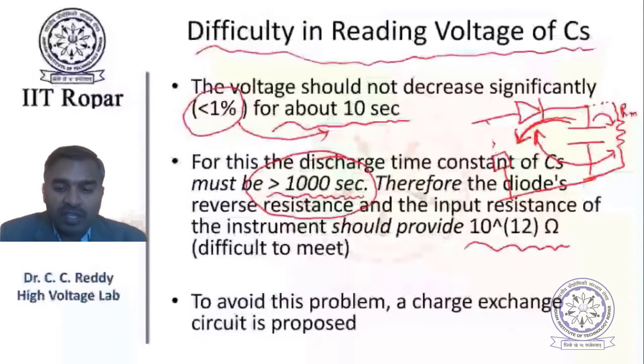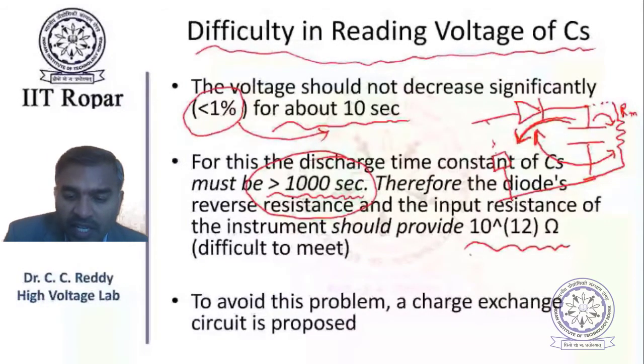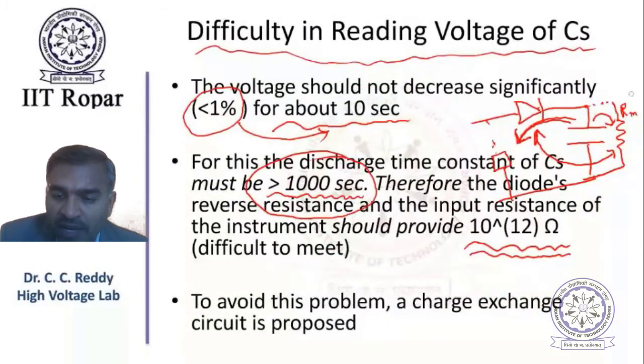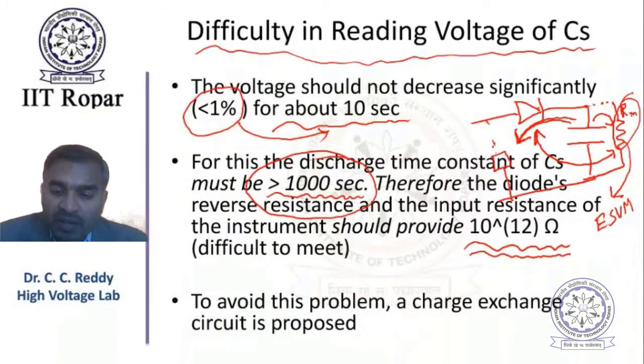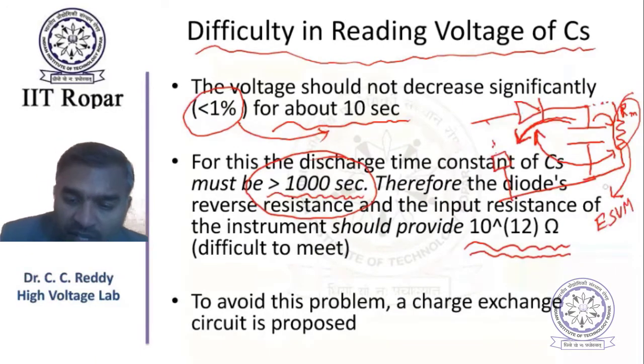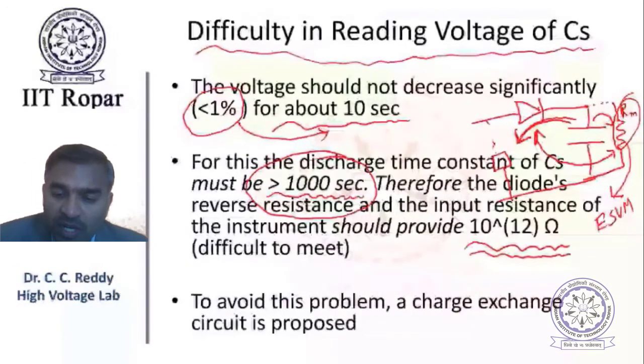So you can see the requirement, very high input impedance. So for that, this RM can be replaced by an electrostatic voltmeter, which has very high input impedance. Of course, there are some challenges again. We will see why the electrostatic voltmeter is also not useful.